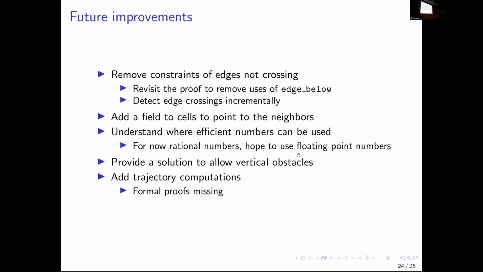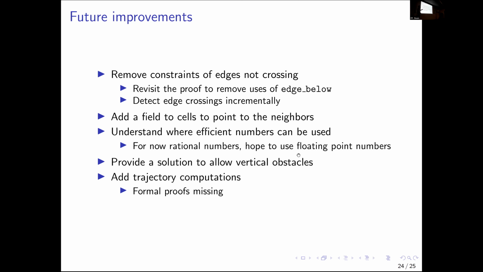I should not do proofs about caching too early, but now I would like to add more caching in the algorithm. So for example, I would like to have each cell have a pointer to its neighbors. And that's about it. I would like to change the presentation of the algorithm to understand how using floating point numbers might interfere with the proofs.